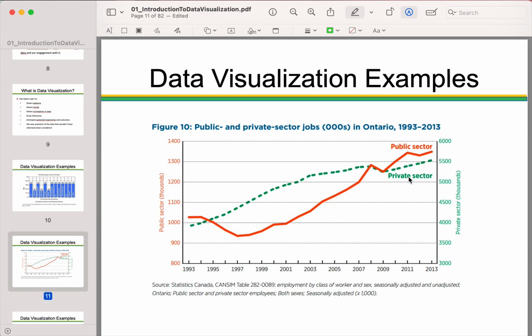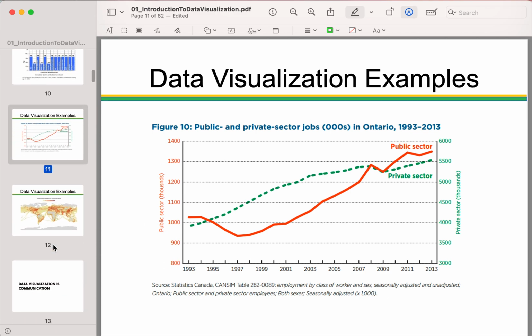So the public sector is shown in the red color and the private in the green. Again, this is Canadian statistics. Employment class of worker and their gender, seasonally adjusted. Data of Canada.